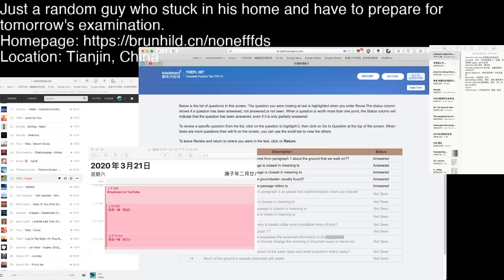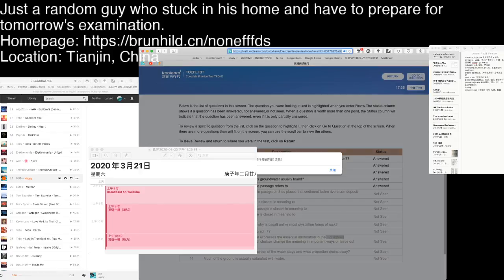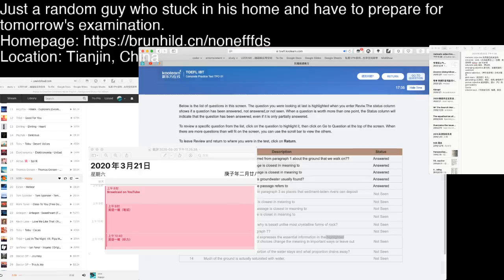I'm turning back to pack mode. Go to question. I need to refresh the page if the thing does not go well. I'm going to 6.